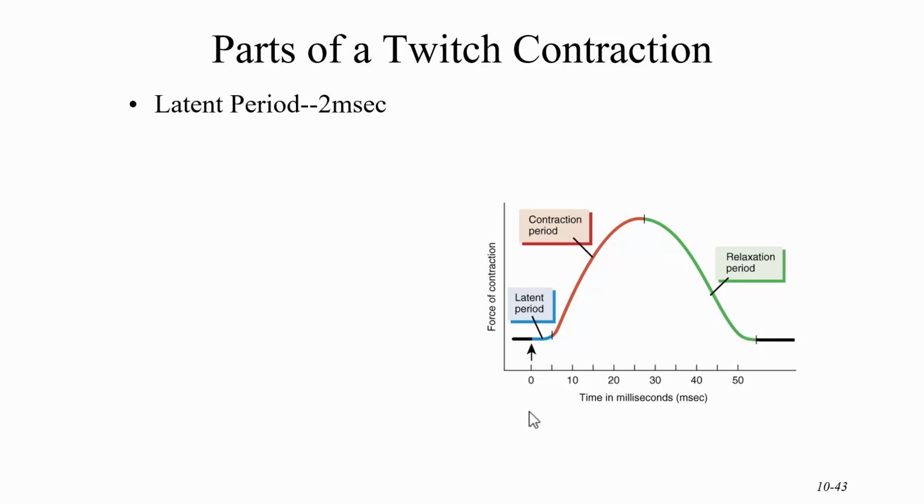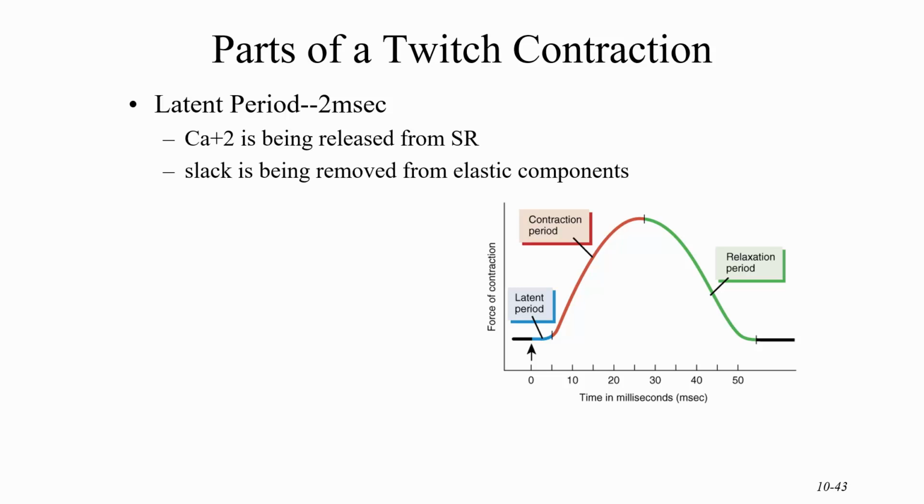And so we have what's called the latent period. That takes about 2 milliseconds. Here, calcium is being released from the sarcoplasmic reticulum. Basically, we're taking the slack out from the elastic components.